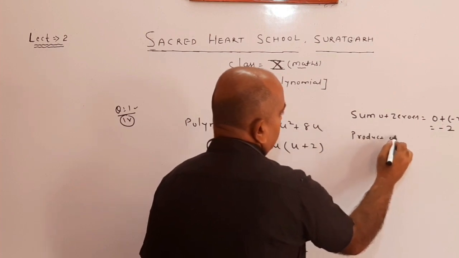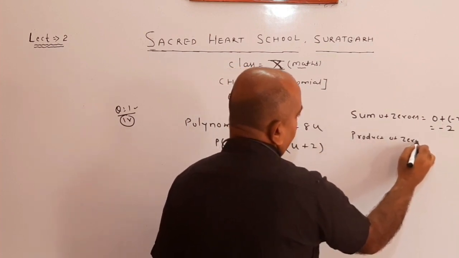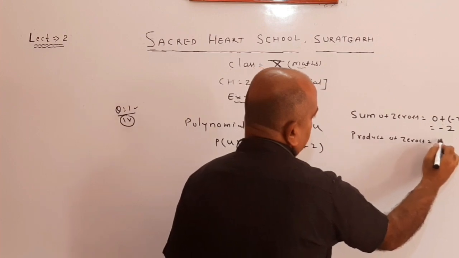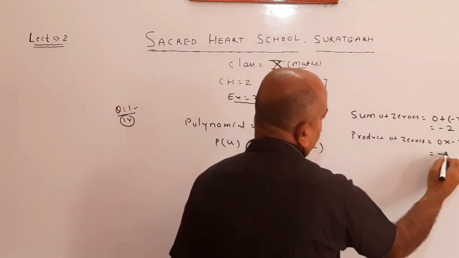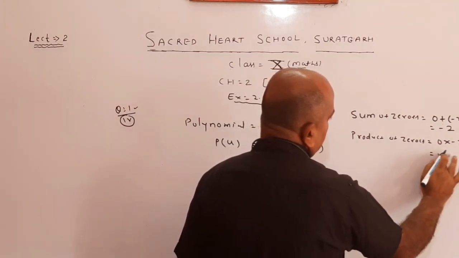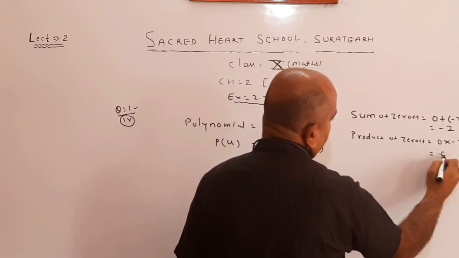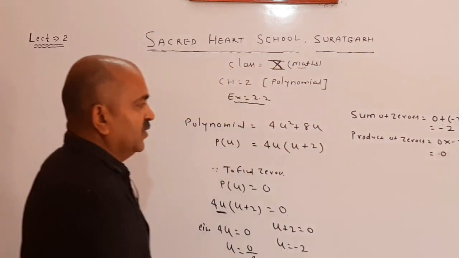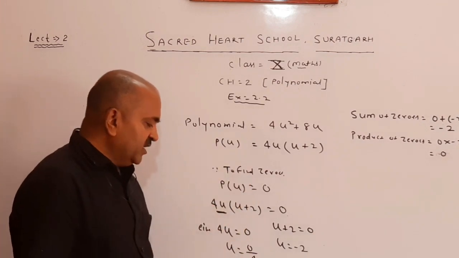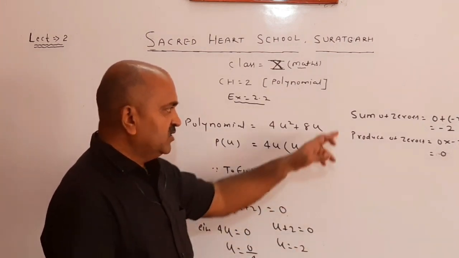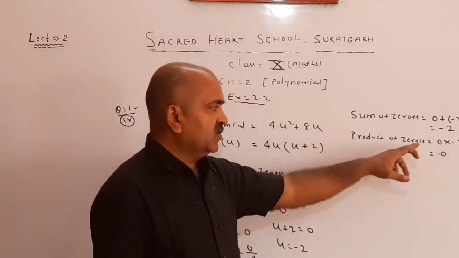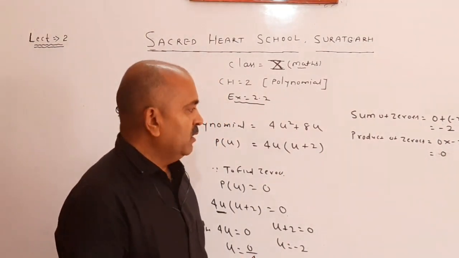Now we find product of zeros. 0 into minus 2 is 0. Okay, students? First we find the zeros, then we find sum of zeros and product of zeros.